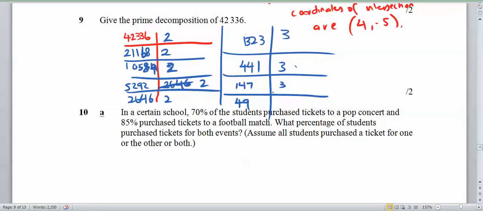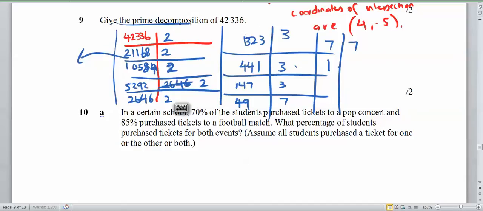Okay, so with 49, we can't use 3 anymore. Divide that by 7, which gives us 7, and then finally we can divide that 7 by 7, which is going to give us 1. These prime decompositions can be used to find the highest common factors and so on, but you guys probably won't have to do this again.